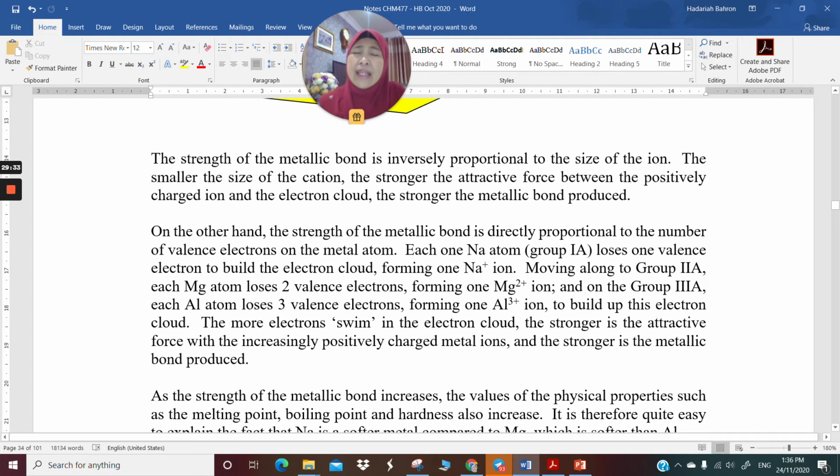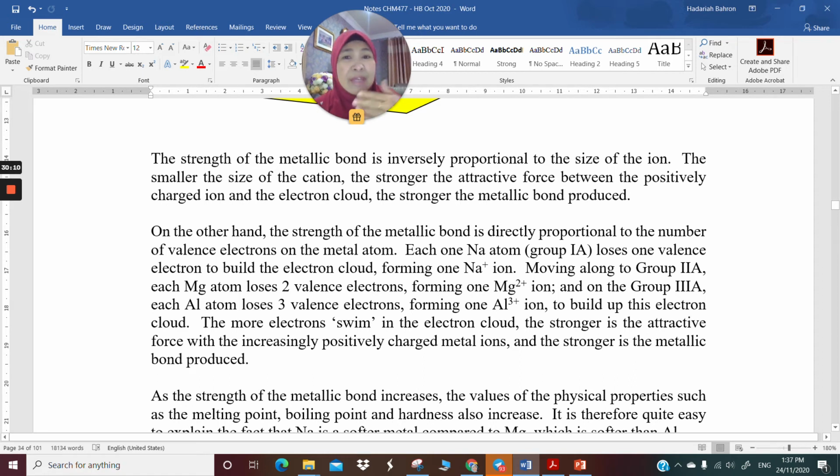On the other hand, the strength of the metallic bond is directly proportional to the number of valence electrons on the metal atom. Each sodium atom, which is in group 1A, loses one valence electron to build the electron cloud and form the Na+ ion, like I explained earlier. But when we move to group 2A, each magnesium will lose 2 valence electrons, forming one Mg2+ ion.